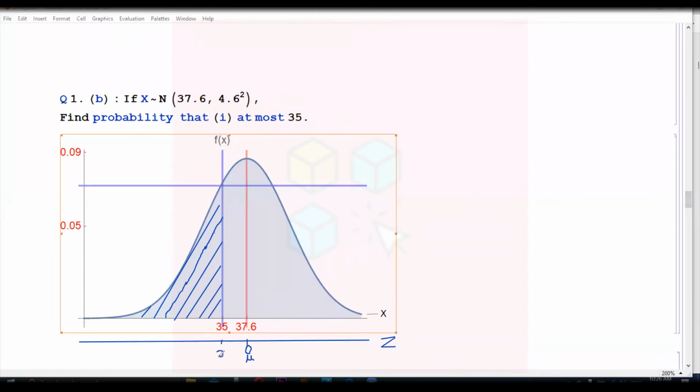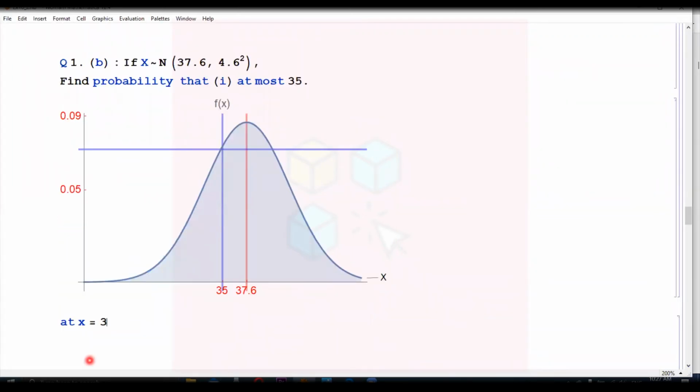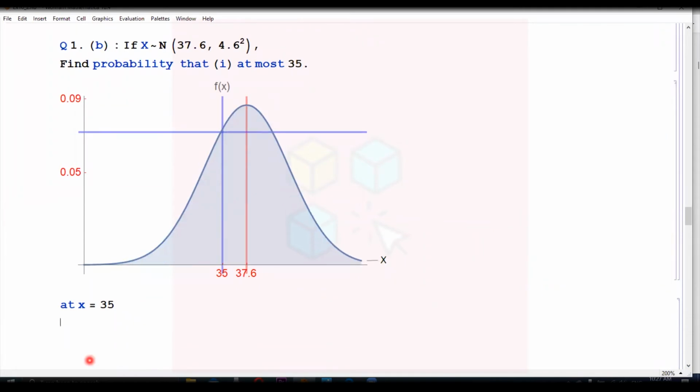So first of all, if we want to use z table, the standardized variate we are considering, then you have to convert 35 into this variable. So next, how can we find this one? We can solve it at x equal to 35. Z is equal to x minus mu, the z score is obtained using this one.